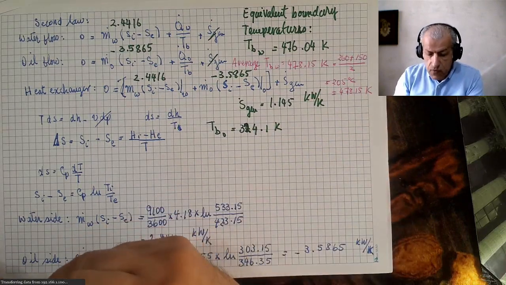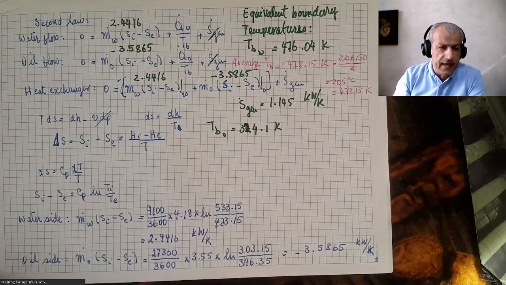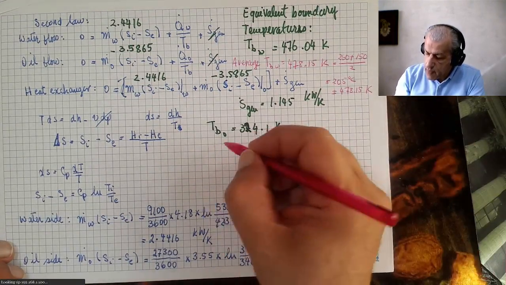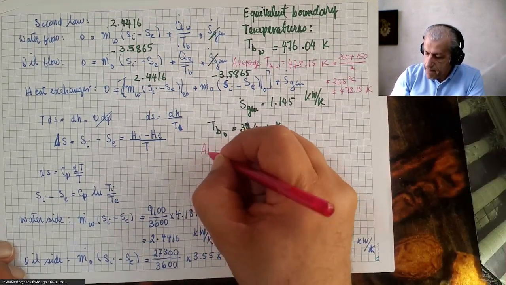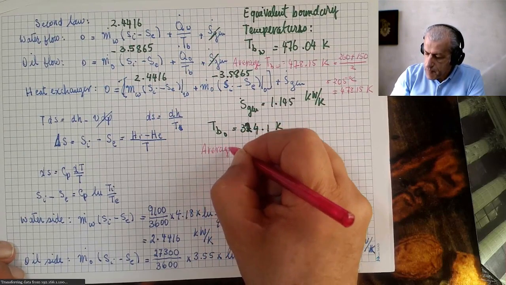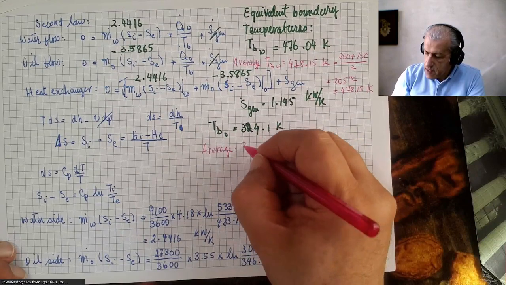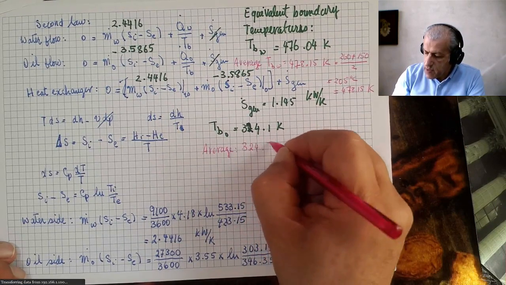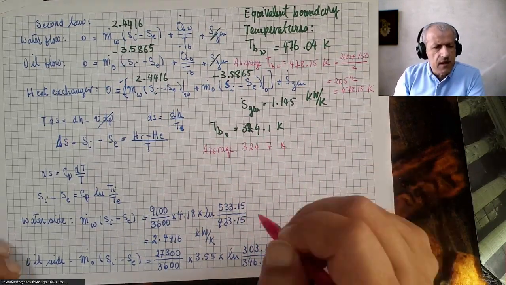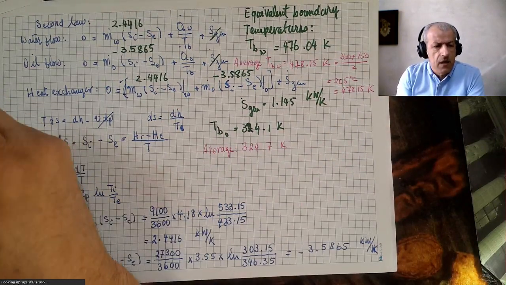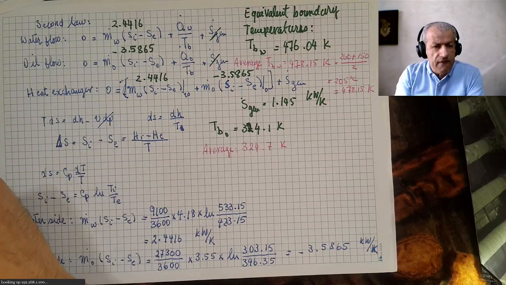And if you just average the inlet and exit temperatures, the average temperature would be 324.7 Kelvin. So they are fairly similar, fairly close values as they are.